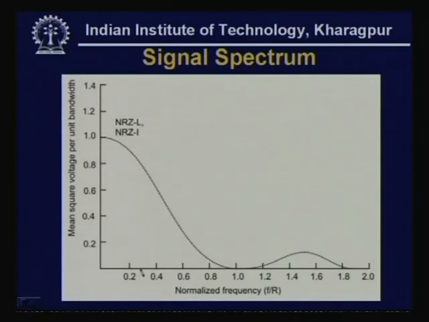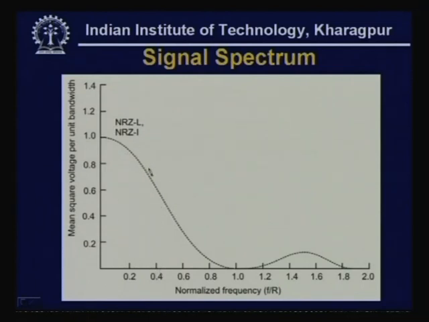So, here we find most of the energy is around this region, half of the bandwidth. That means this is 1, this is the bandwidth of the signal. We can see here most of the energy is between DC and the middle point of the signal, around 0.5.